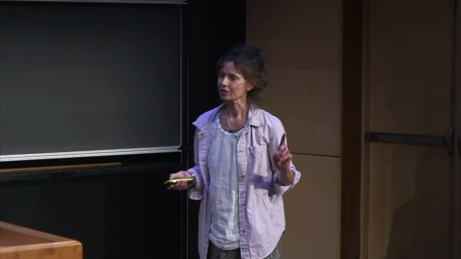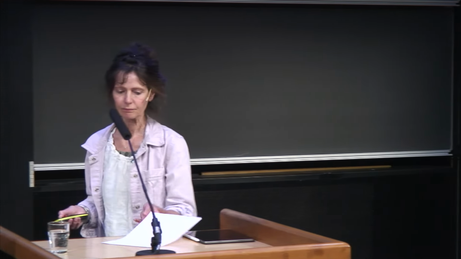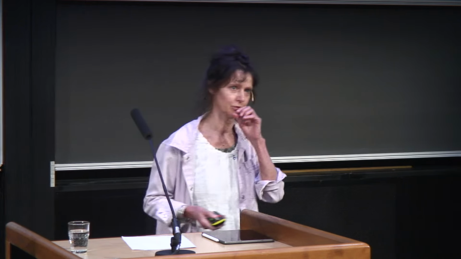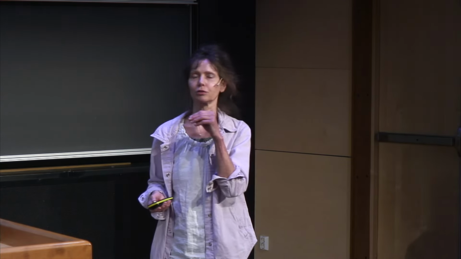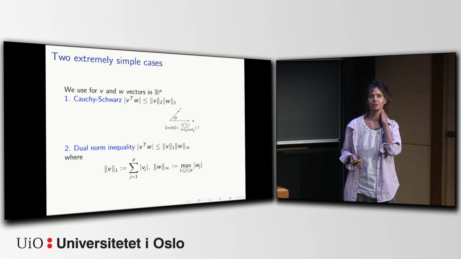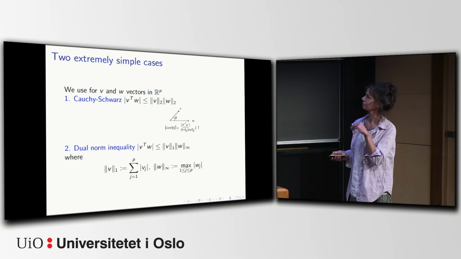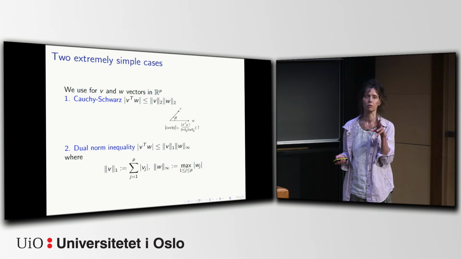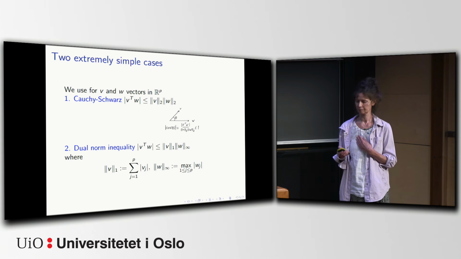But as Michel said, it is extremely difficult in many cases to really compute the gamma functional. So let's look at two simple cases. And before doing that, I'm going to recall Cauchy-Schwarz and more generally the dual norm inequality.